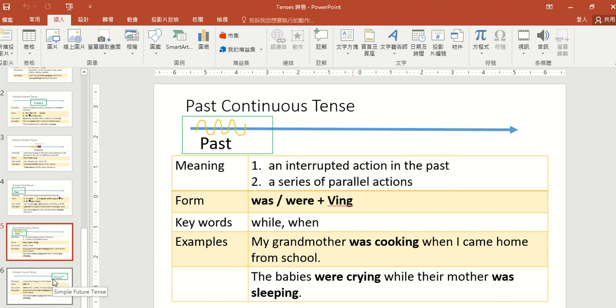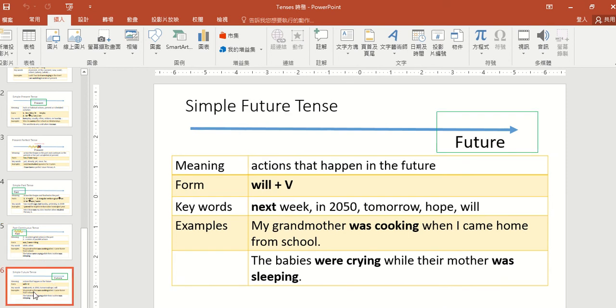Okay, last one. So we finished present, we finished the past. Now the last one would be future tense. So simple future tense, very easy. It's just talking about something that will happen in the future, so we haven't done it yet. So the form would be will plus the verb, and make sure the verb has no change. So don't add ing.